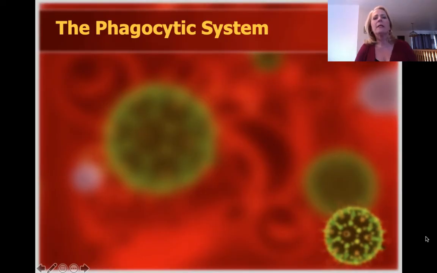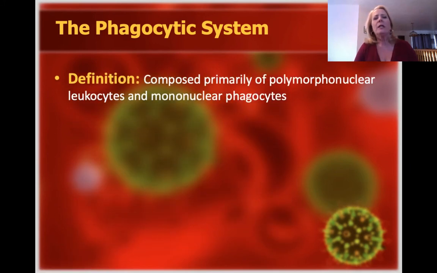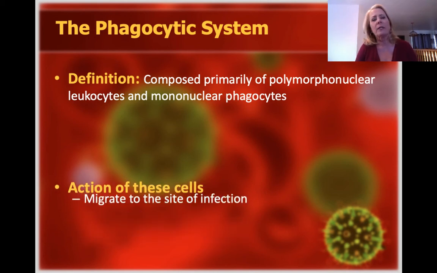So the phagocytic system, the definition is composed primarily of what are called polymorphonuclear leukocytes, or PMNs, and then mononuclear phagocytes, which are basically what you would think of as phagocytes.